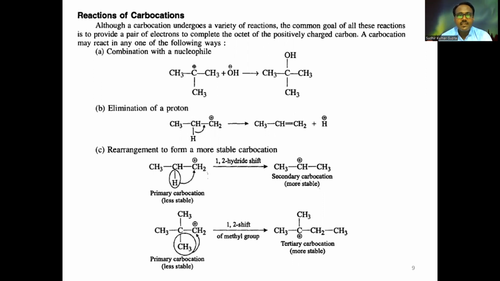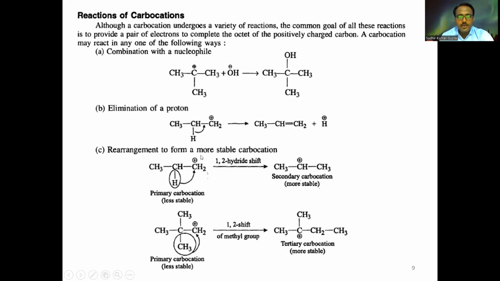So they can easily combine with nucleophiles, such as in the first case, we can see the hydroxyl group can easily get attached to this tertiary butyl carbocation, and we can get an alcohol. An elimination reaction can also happen by elimination of H plus ion, and we can see the formation of alkene.